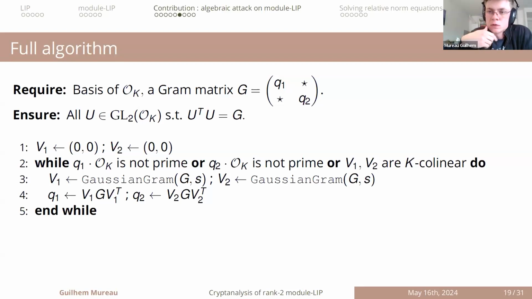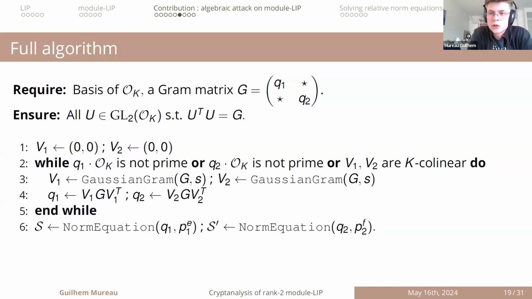We randomize the input until the diagonal elements generate prime ideals. And once we get that, we can call our norm equation solver.